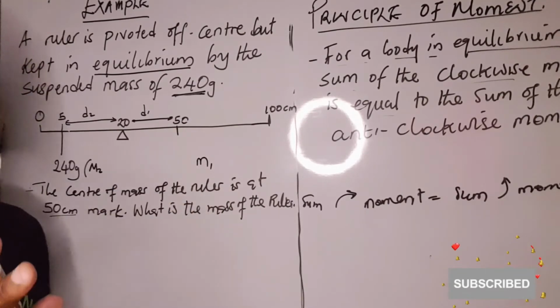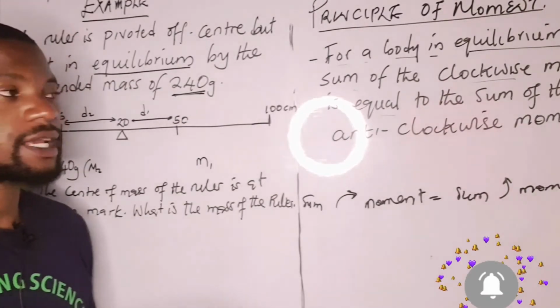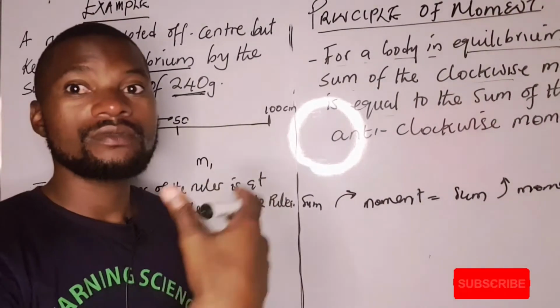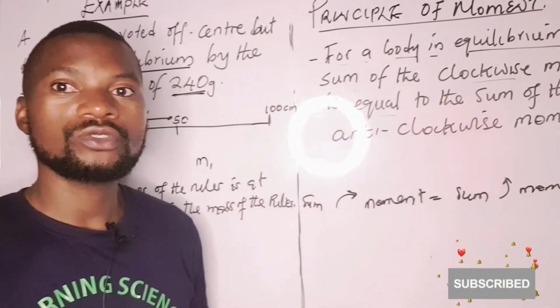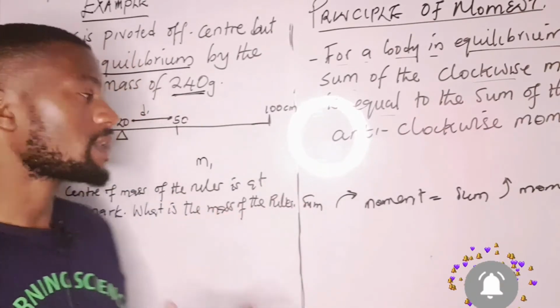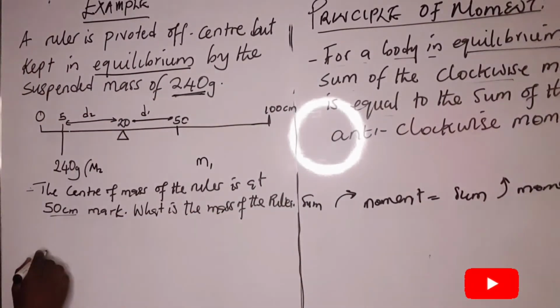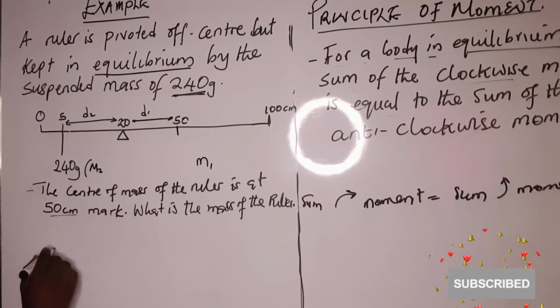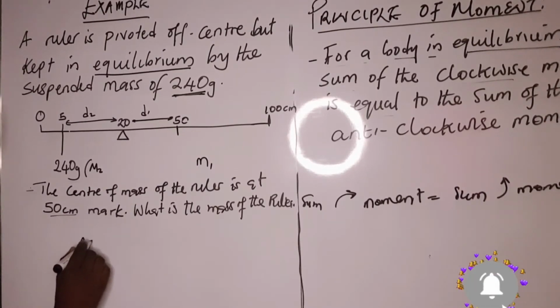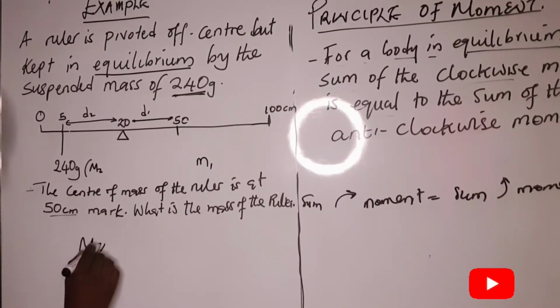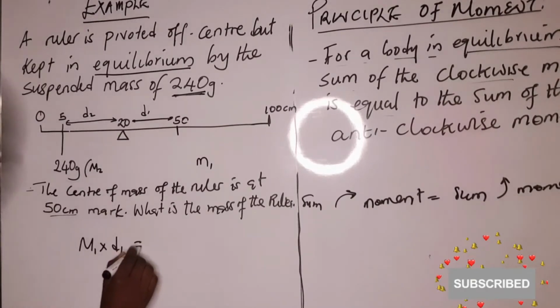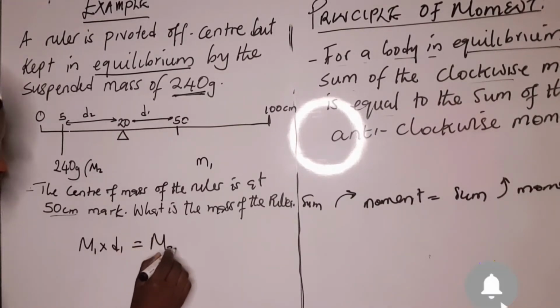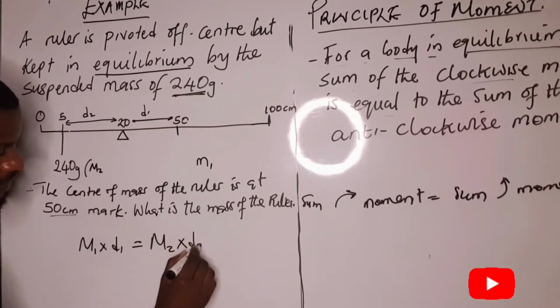So according to the principle of moments, we are saying the sum of the clockwise moments is equal to the sum of the anticlockwise moments. So in this case, we are going to say M1 times distance 1 is equal to M2 times distance 2.